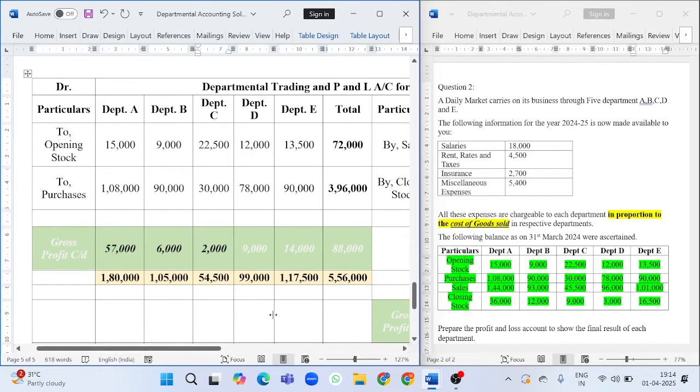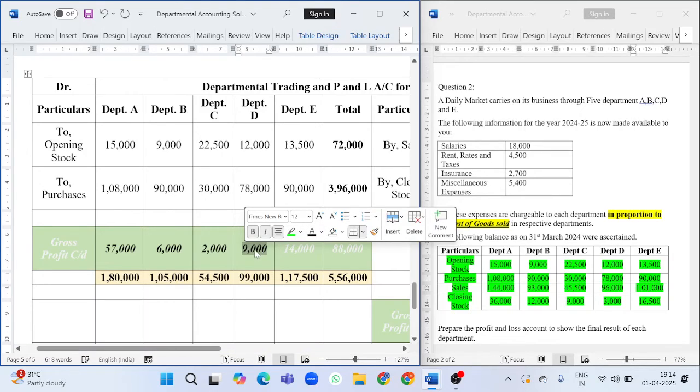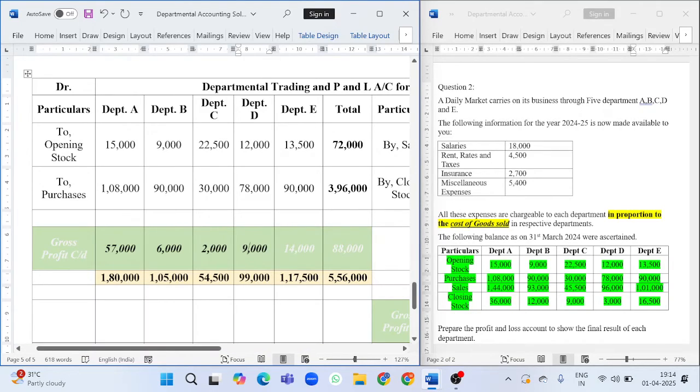In department D, from 99,000 if you subtract 12,000 and 78,000, you are getting a value of 9,000 rupees. For department E, from 1,17,500, when you subtract 13,500 and 90,000, you will be getting a value of 14,000 rupees.